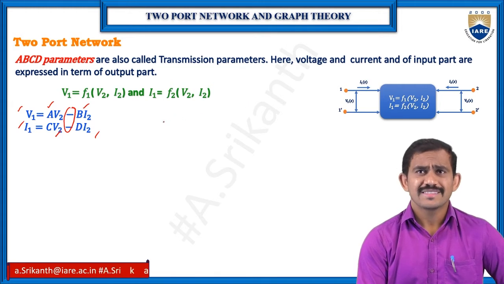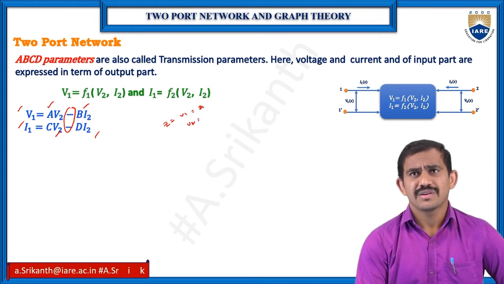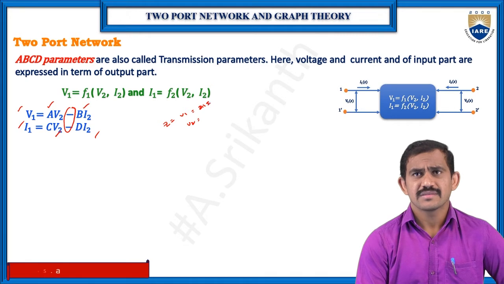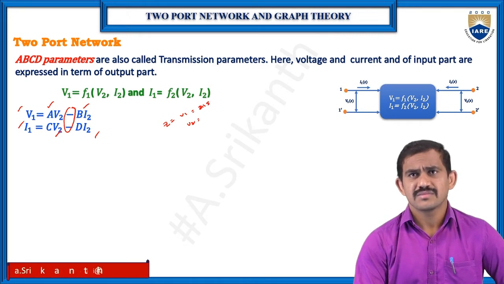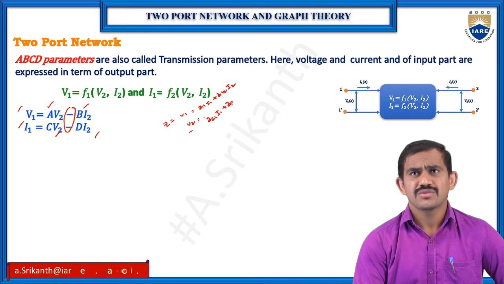When we have Z parameters, they are V1 and V2 in the form of I1 and I2: V1 equals Z11 I1 plus Z12 I2, and the same thing, V2 is Z21 I1 plus Z22 I2.